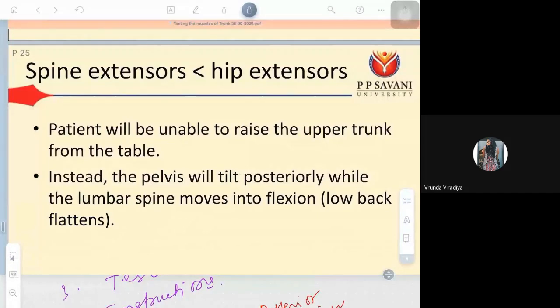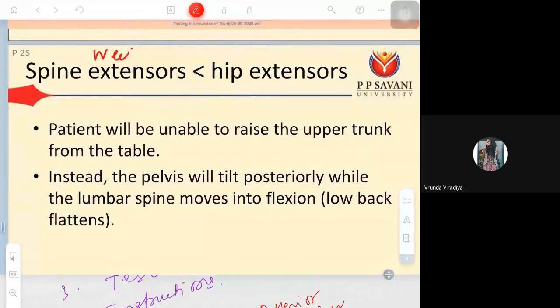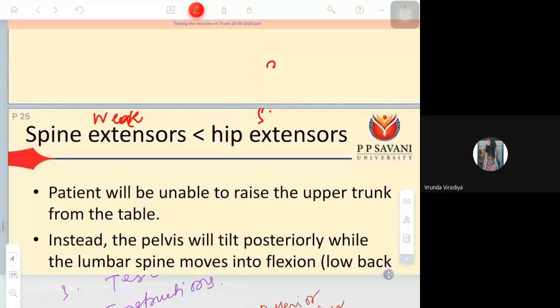If spinal extensor is weak and hip extensors are strong, I think you understood from this symbol.